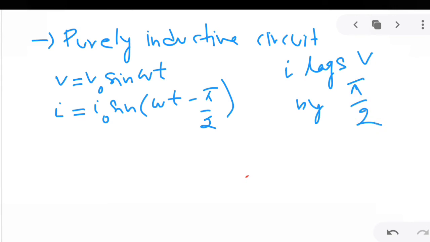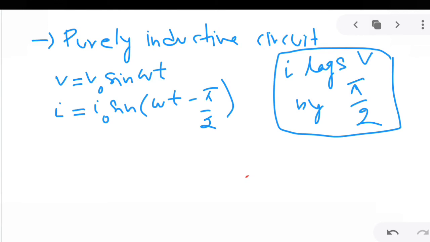So this we have already seen previously. Here voltage has a phase angle of omega t, and current has a phase angle of omega t minus pi by 2. So this minus pi by 2 shows that current lags voltage by pi by 2.